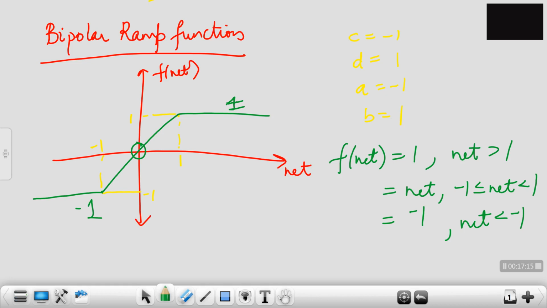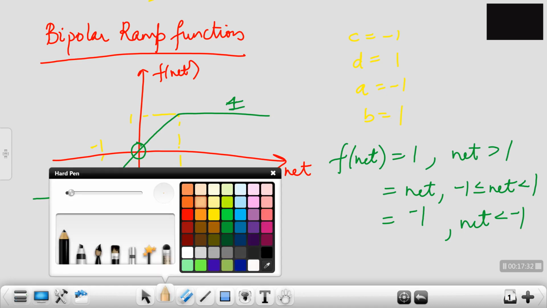So it is a compromise. Although you get this, you are losing the simple on-off operation. Although this is a continuous function, the function is not differentiable.